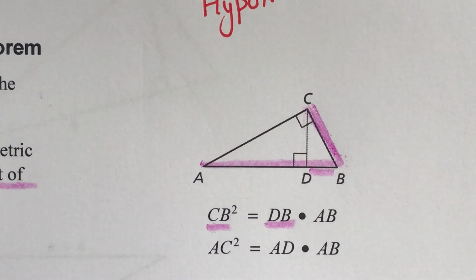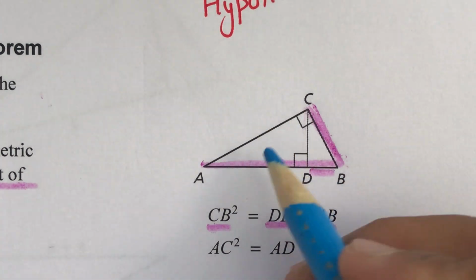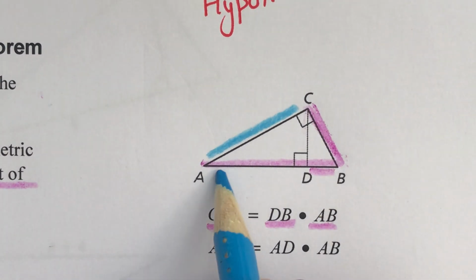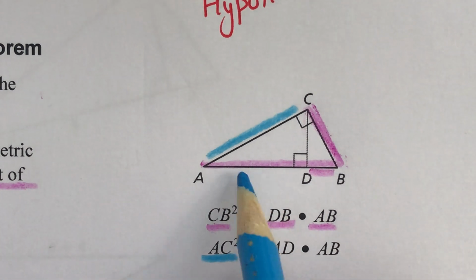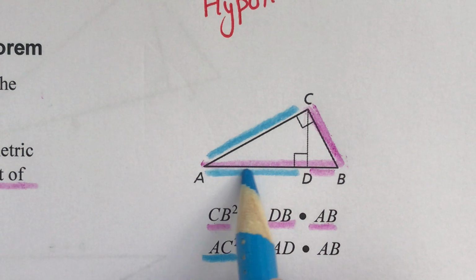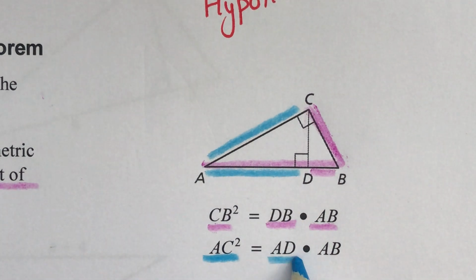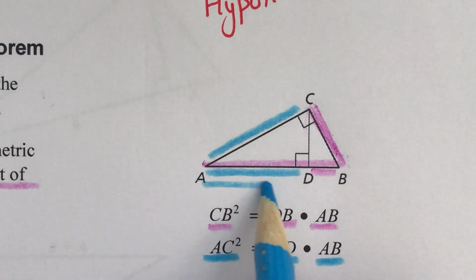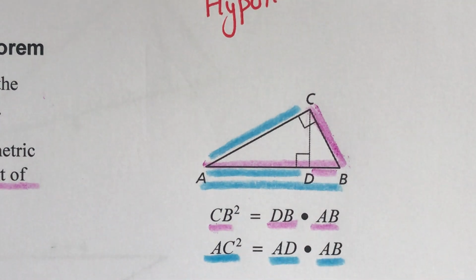All right? But if I'm trying to find AC squared, if I want to find this one, I'll take the part, the segment of the hypotenuse which is towards this leg, times the whole hypotenuse.